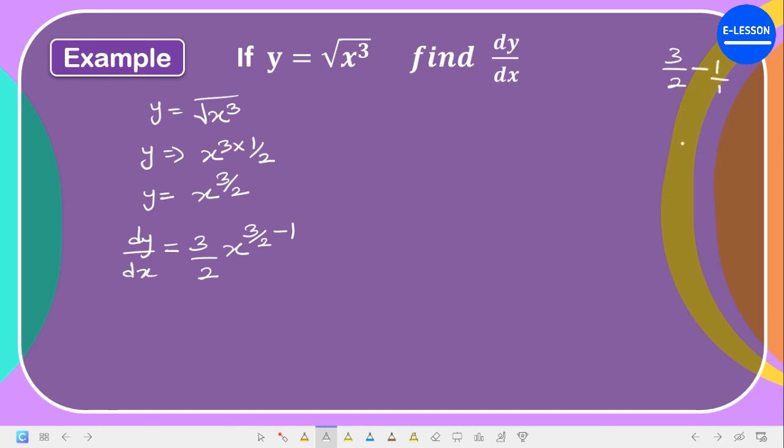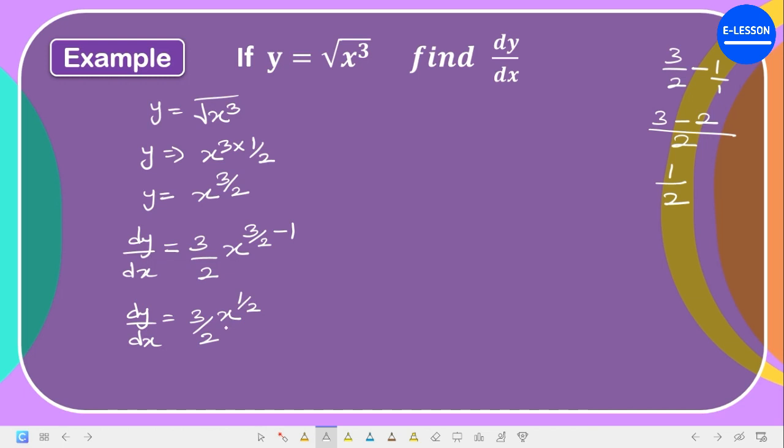The LCM here is 2, so we have 2 divided by 2 is 1 times 3 is 3, minus 2 divided by 1 is 2 times 1 is 2. 3 minus 2 is 1 all over 2. And then your dy dx would be equal to 3 over 2 x to the power of 3 over 2 minus 1. We said 3 over 2 minus 1 is the same thing as what? Half.